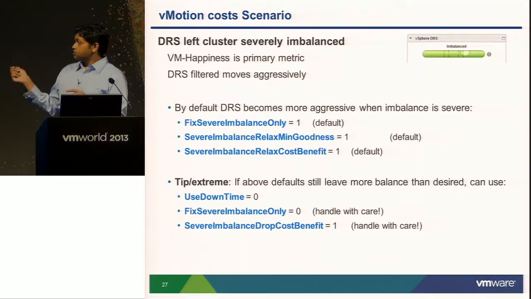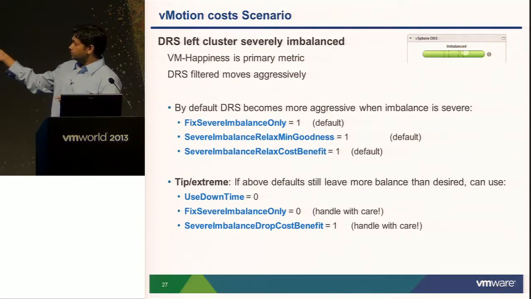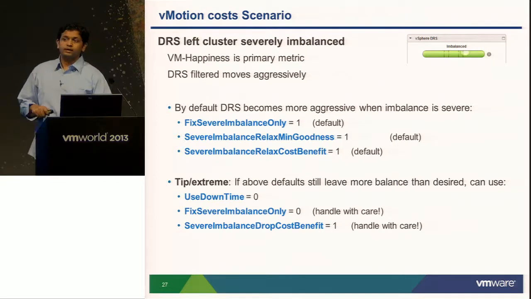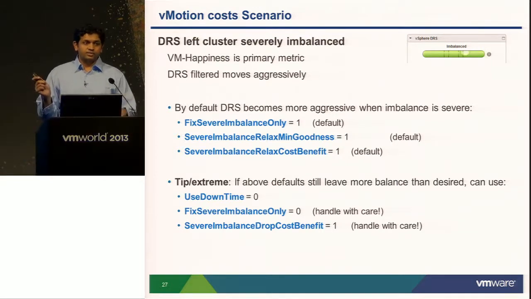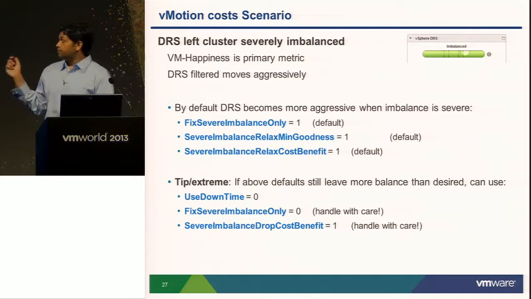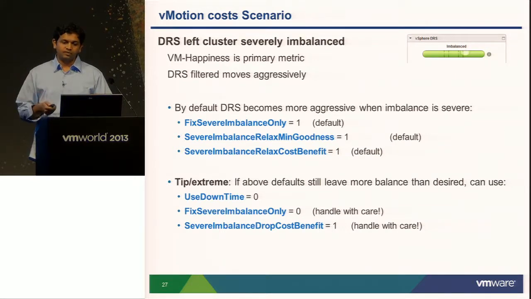But you can also tweak these options. If you use the options at the bottom of the screen, then DRS will drop the filters even when there is slight imbalance. But this might cause too many moves in the cluster, and the moves might not have enough benefit. So please use it with extreme caution. The recommended way to make DRS more aggressive is to use the slider, and you can set the DRS settings to be more aggressive.